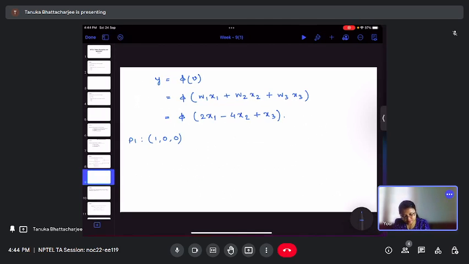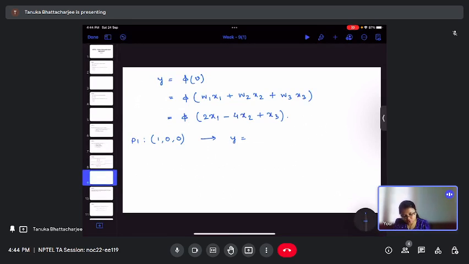So, if you compute y, that will be equal to phi of 2, since only x1 is equal to 1. Phi is your unit step function. If the input to the phi function is greater than or equal to 0, the output will be 1, otherwise it will be 0. So, phi of 2 is 1. For the pattern 1 0 0, the output of your neuron will be 1.